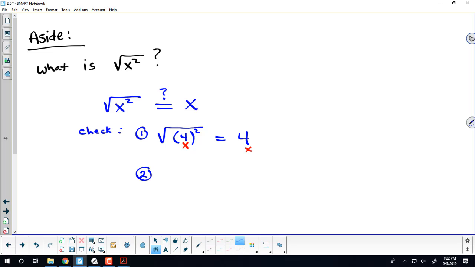But it gets a little weird when we look at a negative number. What's the square root of negative 4 squared? It's also 4. Well, if negative 4 is our x that we're plugging in, this is not x, this is negative x, right? So this certainly doesn't seem to work.